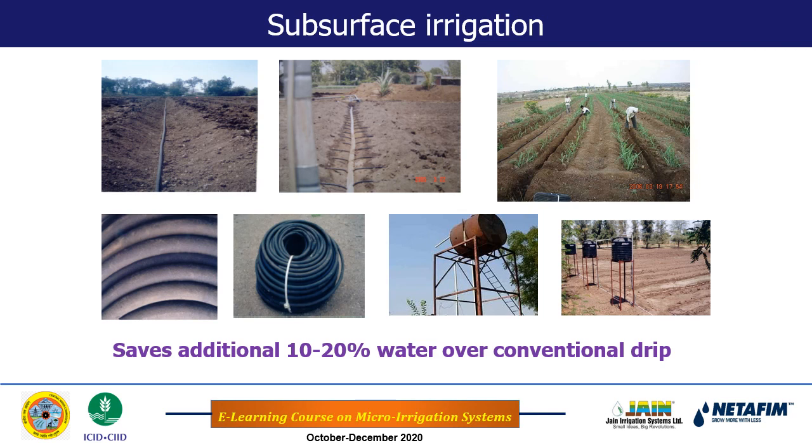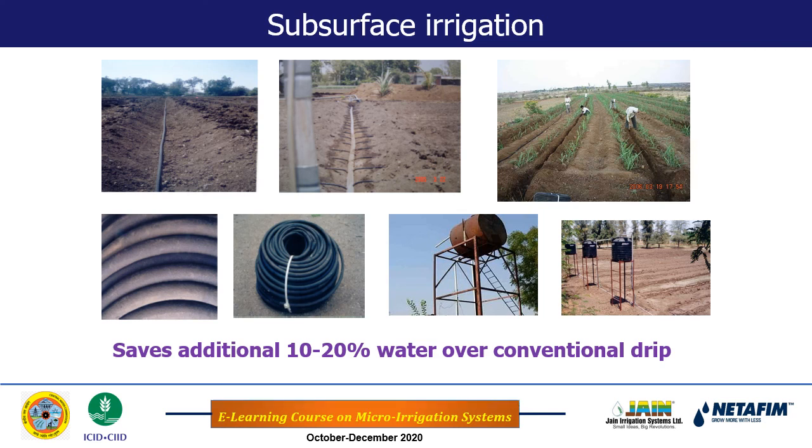As the plant takes water from the root zone, water will be depleted from the root zone, and this depleted water will be replenished by water from the porous pipe, and into the porous pipe water will come from the overhead water tank. So the water is to be maintained in the pipe all the time, so that whenever the plant root needs water, it can take it from the soil root zone, and the depleted water will be replenished by the water in the porous pipe through the porous wall.